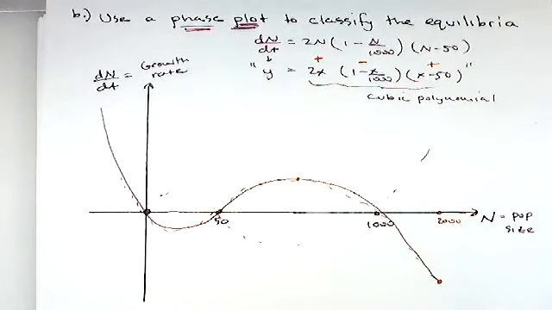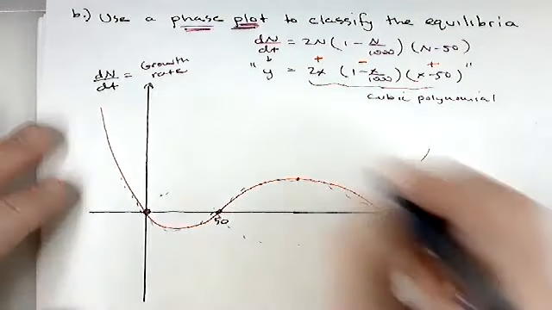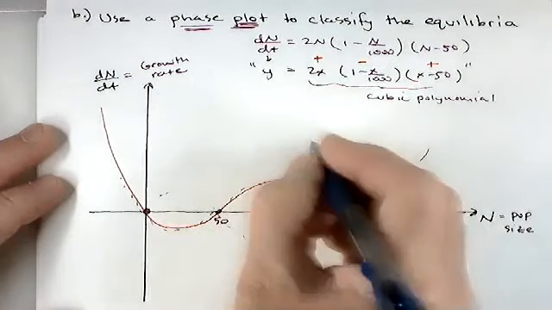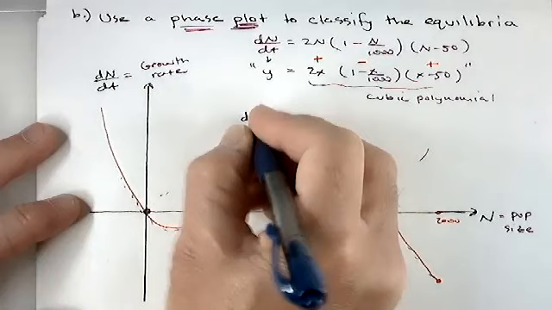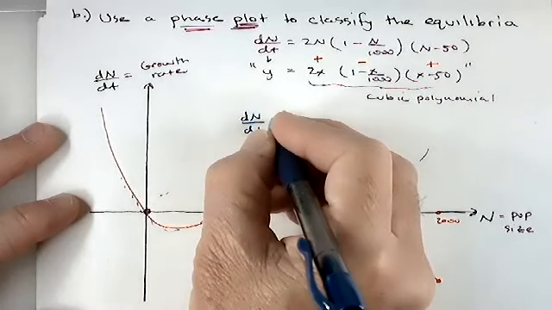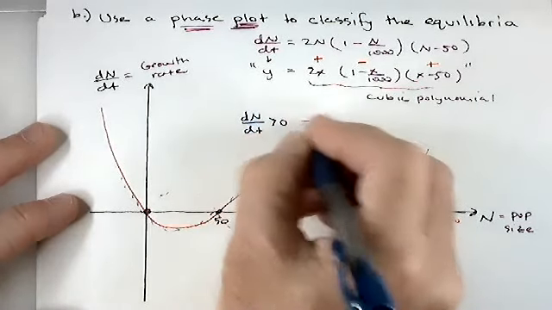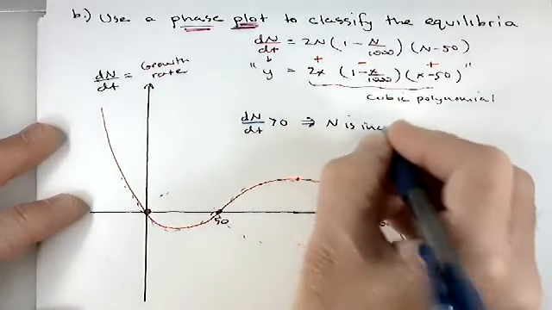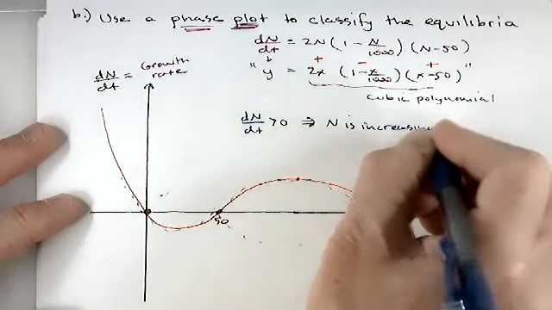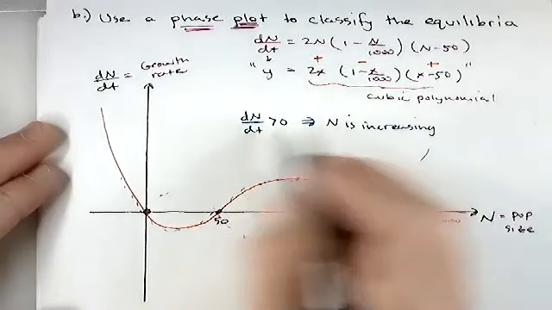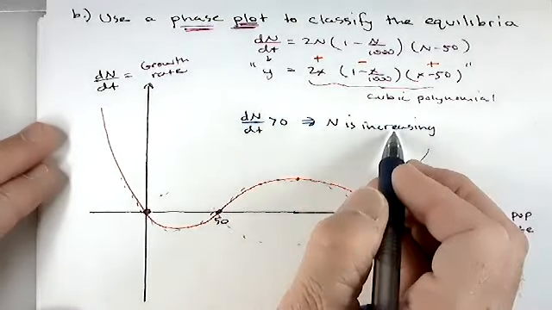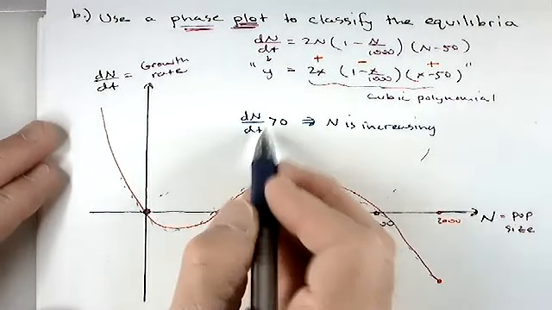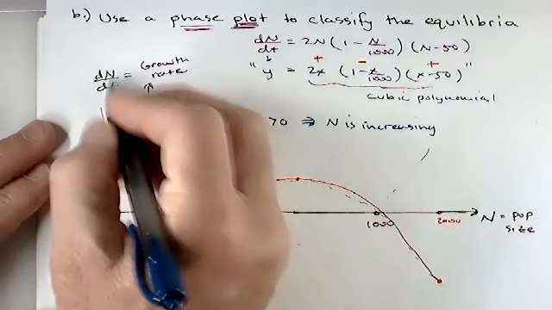You already went through this in class, but there are two basic things, right? Whenever dN/dt or dy/dt is greater than 0, what does that mean? That means N is increasing, just like in 17a. When f prime of x was positive, that meant f of x was increasing. So where is dN/dt? dN/dt is like y.